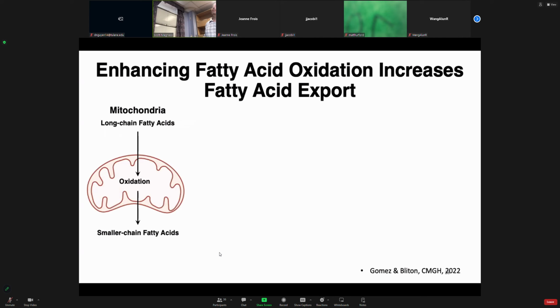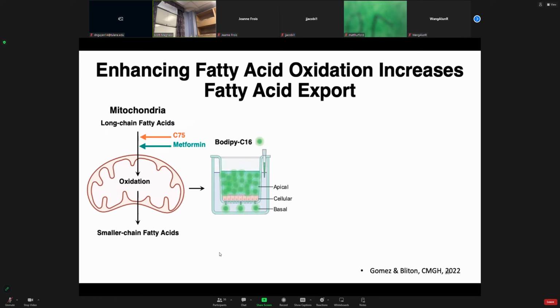So we looked to see also, if we potentiate fatty acid oxidation, we should see the opposite. We should see an increase in smaller chain fatty acids that are exported out the basal side.